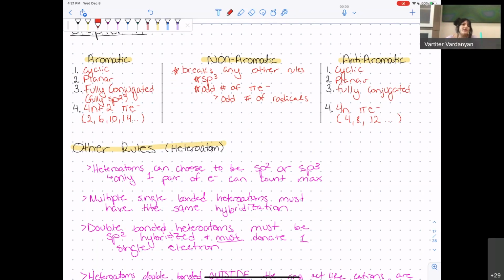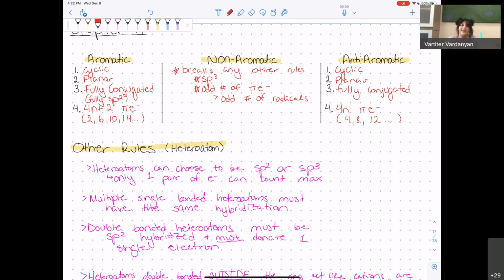You know how I feel about the whole 4n+2 thing, so I say just know 2, 6, 10, 14. All of that is aromatic. Aromatic and anti-aromatic are actually really similar because the first 3 rules are exactly the same. The difference comes in rule number 4. Anti-aromatic is going to follow the 4n rule. I hate the 4n rule, so I just say 4, 8, 12, 16, etc.